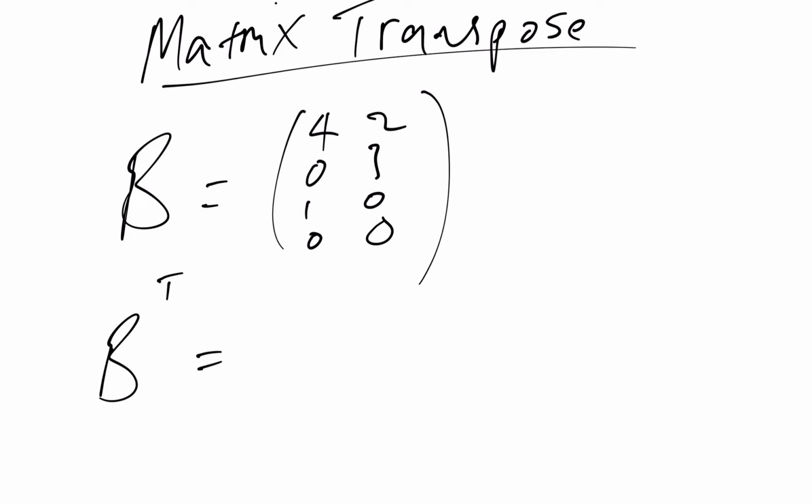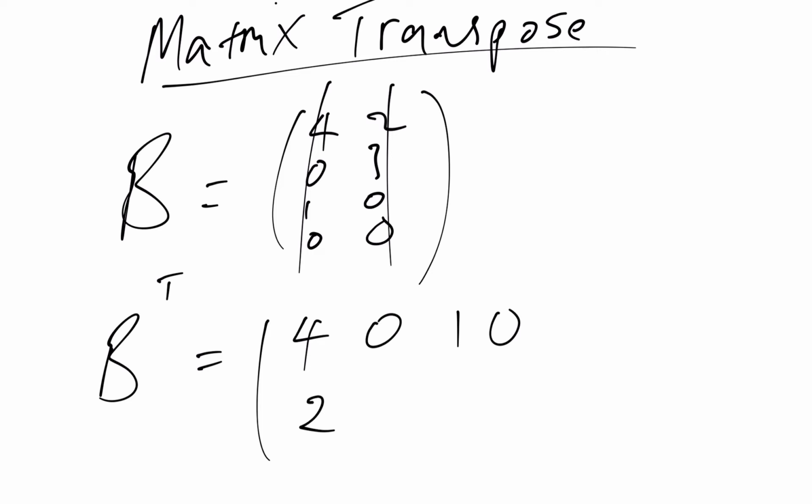So I'm going to interchange my columns into rows. The first column goes to the first row, 4 0 1 0. The second column goes to the second row, 2 3 0 0. Done. Now we've transposed this matrix into this one.